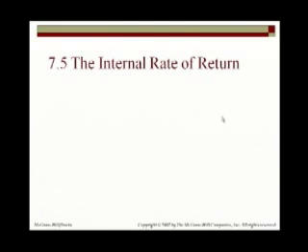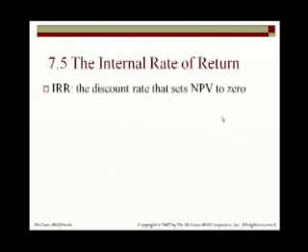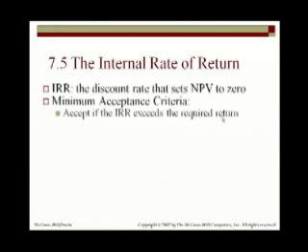Next, and probably the most appealing alternative to net present value, is internal rate of return. An internal rate of return is a discount rate that makes net present value zero. The acceptance criteria is to accept if the internal rate of return exceeds the required return.